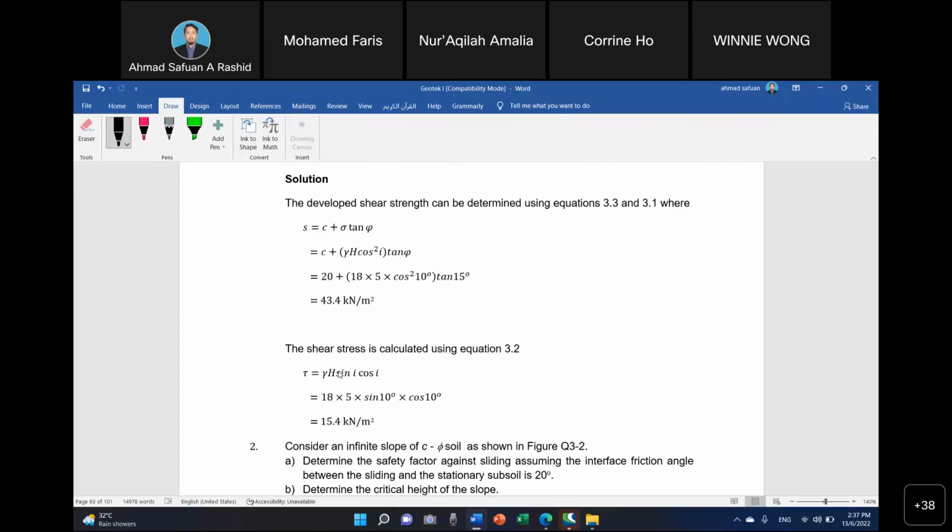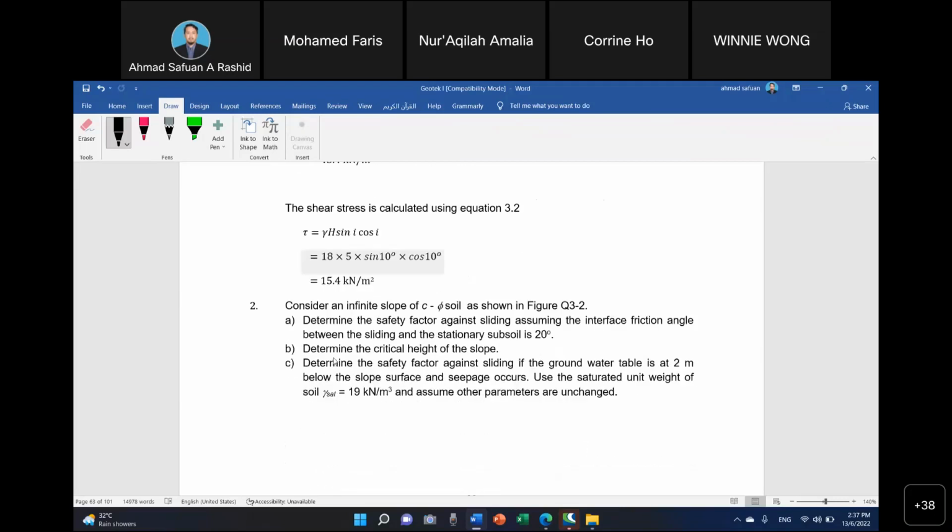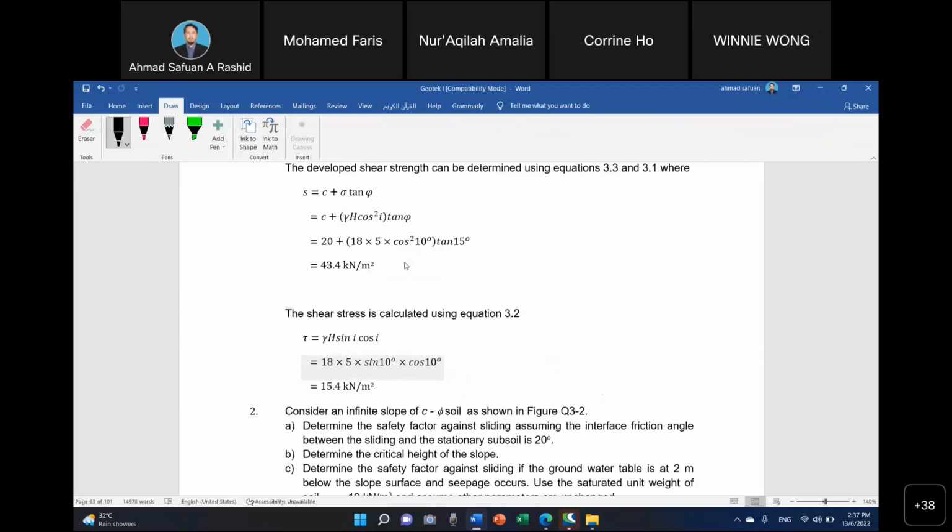It's greater than 1.5, so we can consider the slope to be in a stable condition. So that is for the slope for the infinite condition. If you have any questions, you can ask.